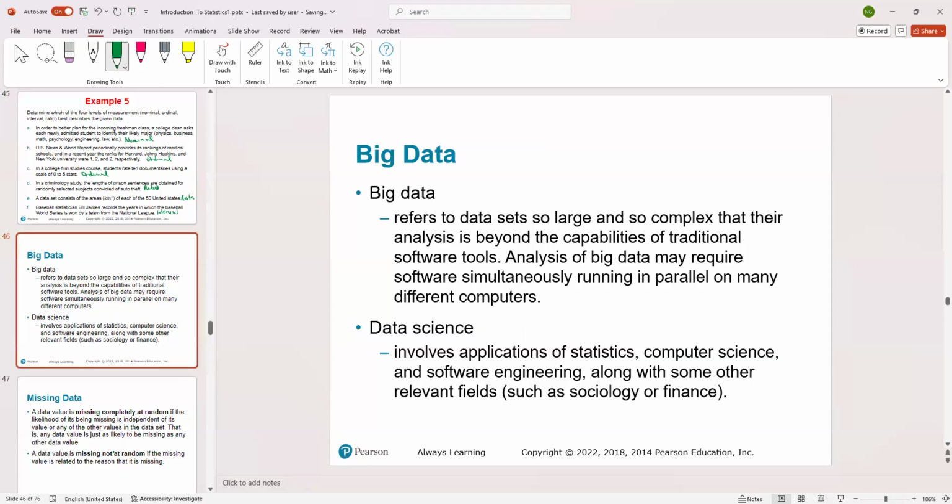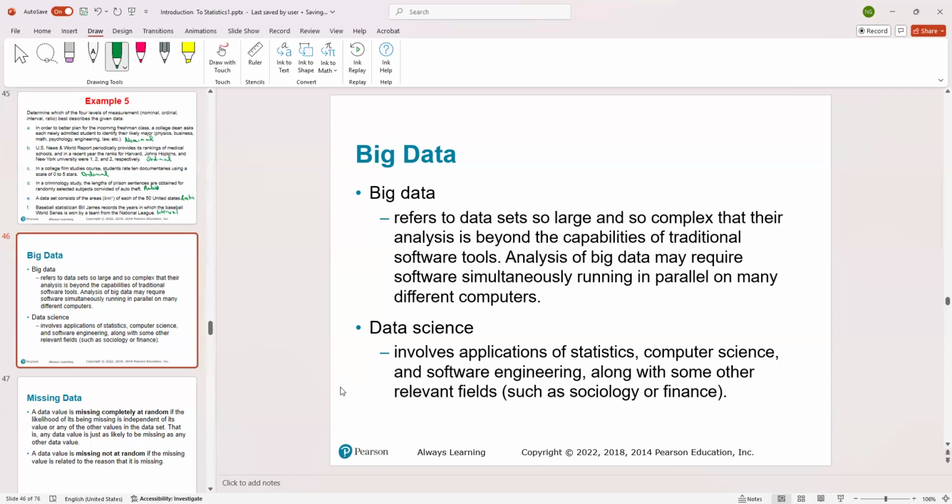Big data refers to data sets so large and so complex that the analysis is beyond the capabilities of traditional software. Analysis of big data might require software running simultaneously in parallel on many different computers. So remember, it's not everything you can do with Excel. Excel is very practical and accessible very fast, but some analyses would be too big.